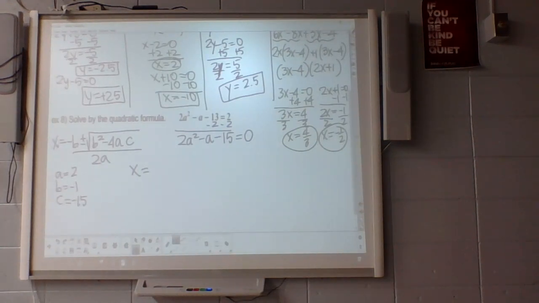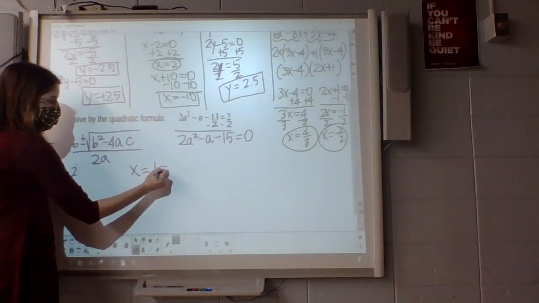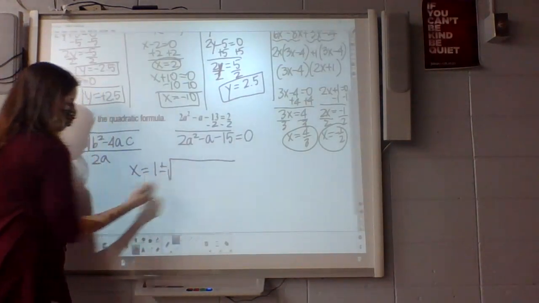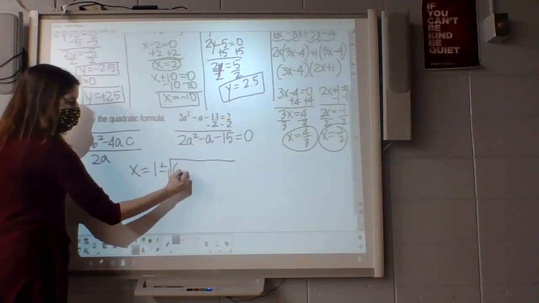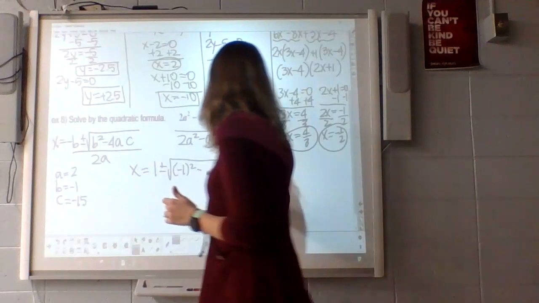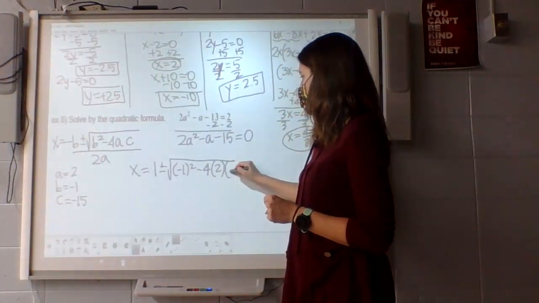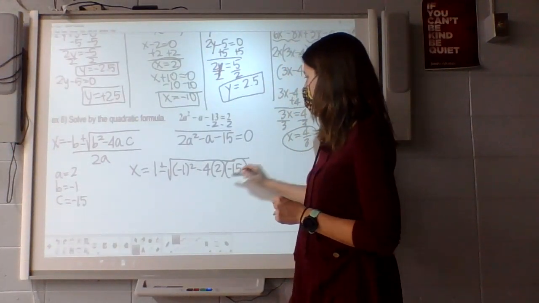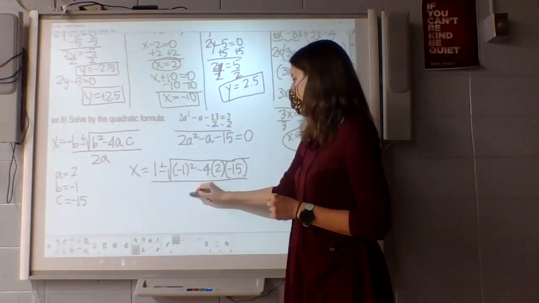Opposite of b is 1, plus or minus. B squared is negative 1 squared, minus 4 times 2 times negative 15, all over 2 times 2.